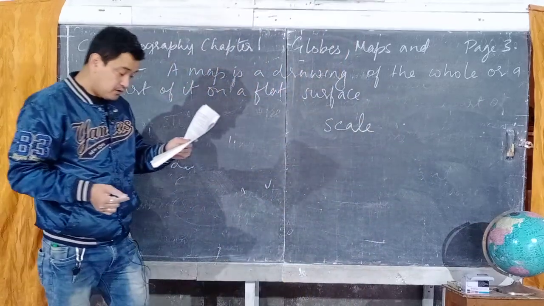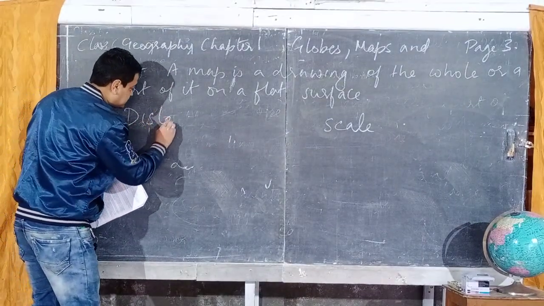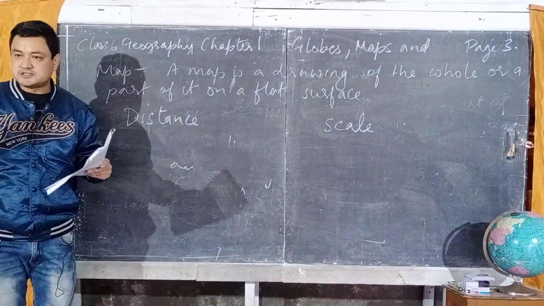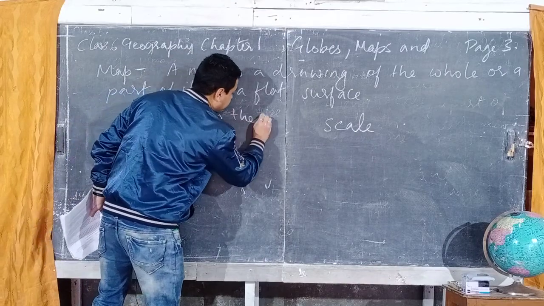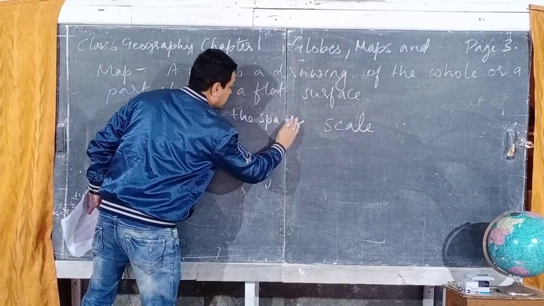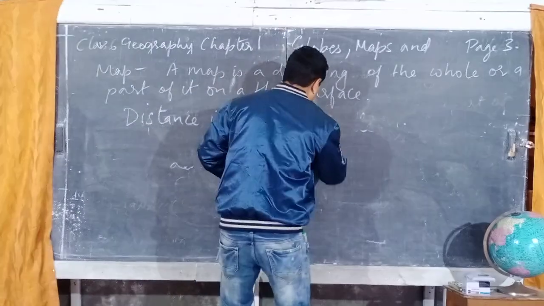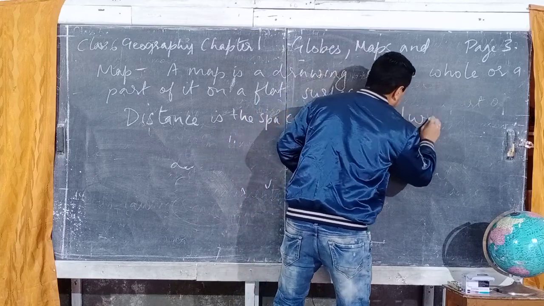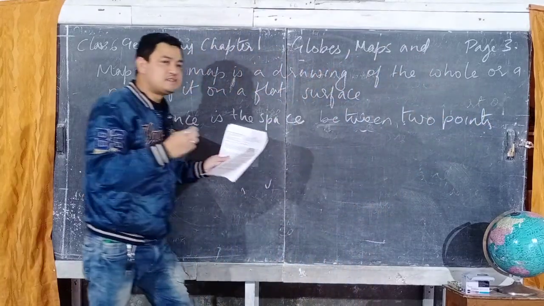Let's take for example when you are measuring distance. What is distance? Distance is the space between two points. Which points am I talking about?